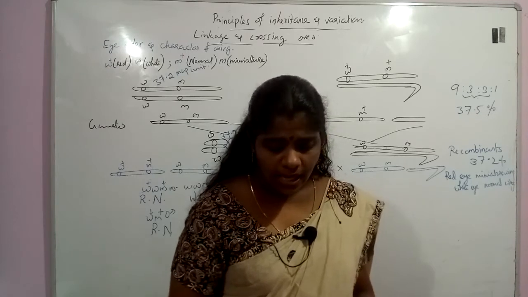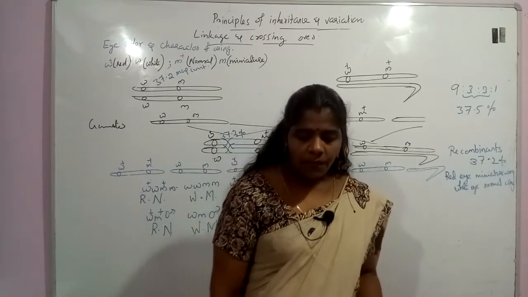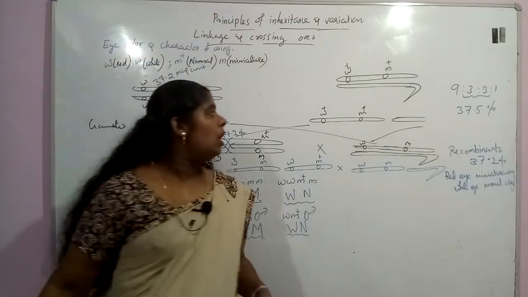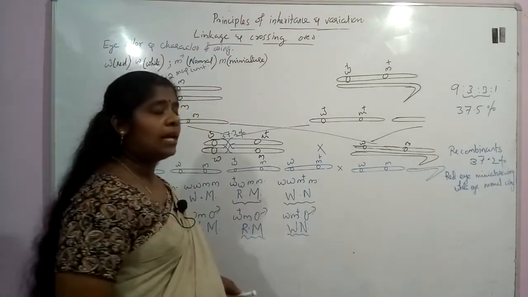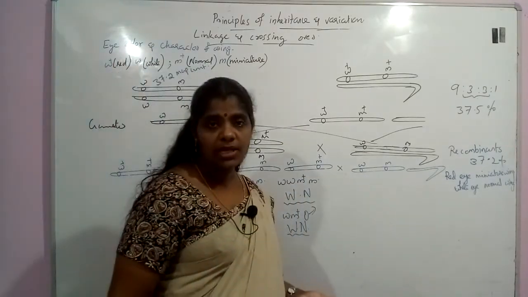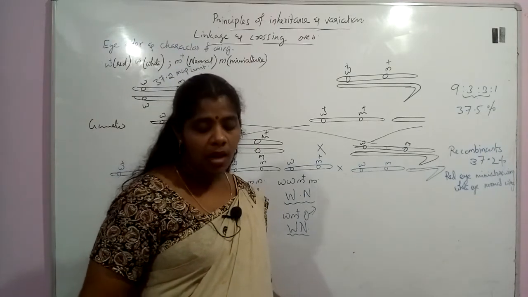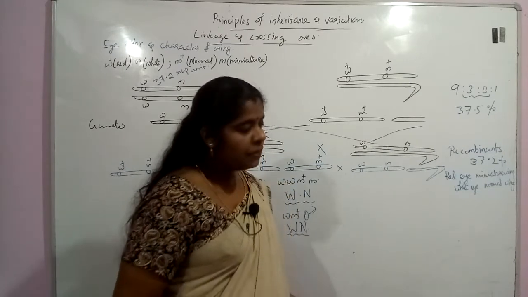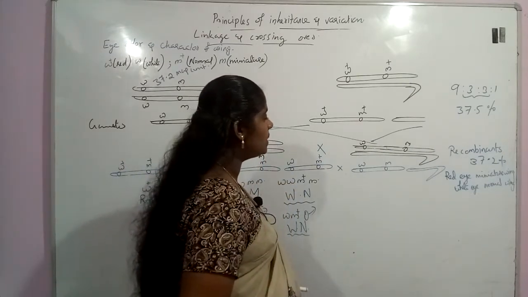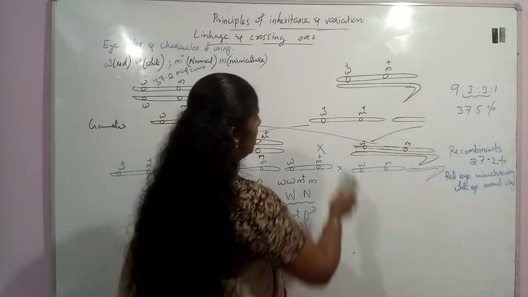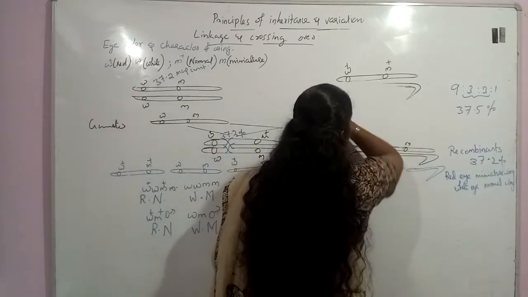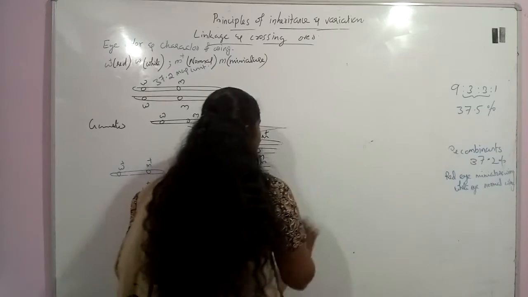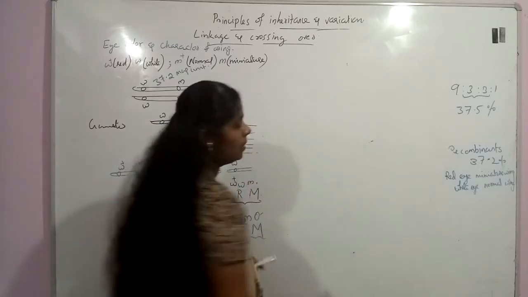Okay, so this is all about linkage and crossing over, and we have some general points related to it. Linked genes may be arranged in a cis manner or in a trans arrangement. Linked genes are arranged on the same chromosome, right?